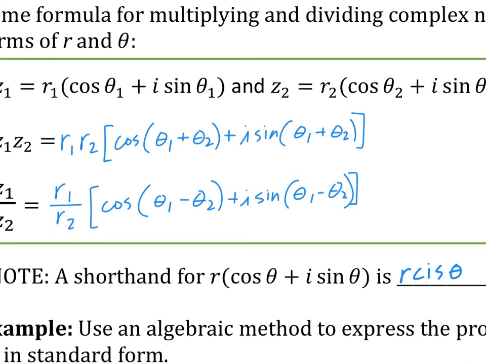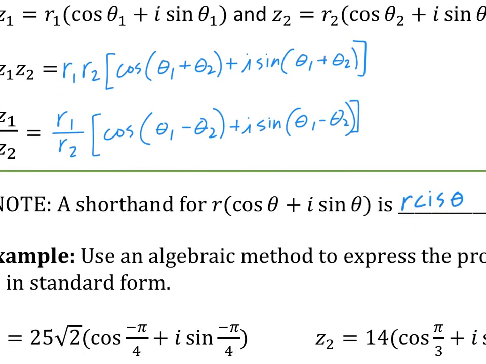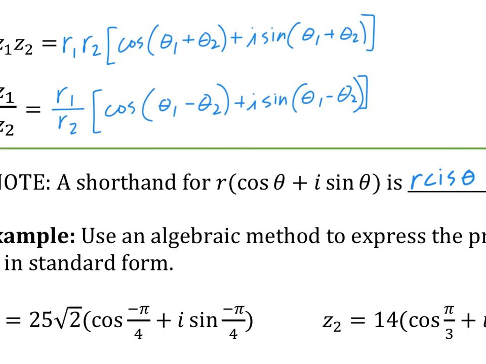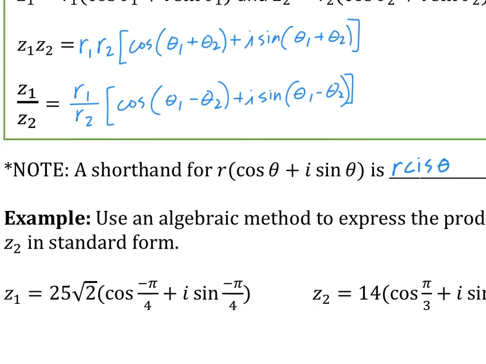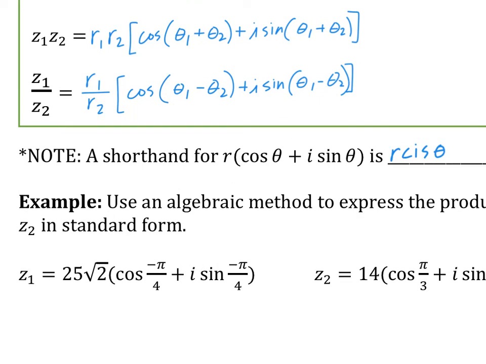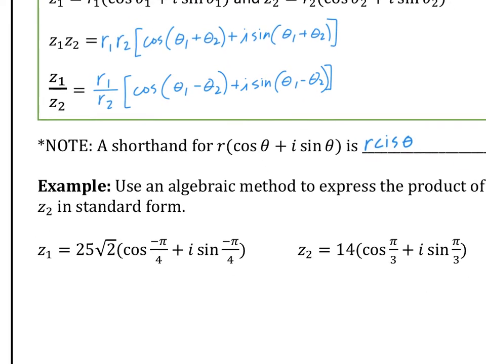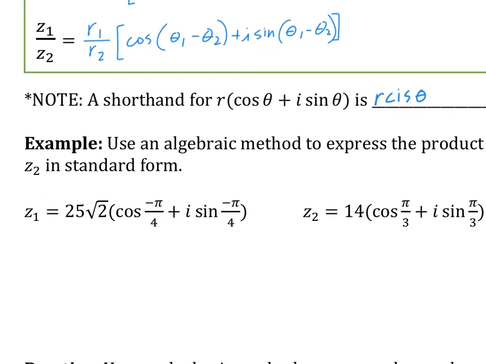Okay, so now we're just going to learn how to apply the formulas. Use the algebraic formula to express the product of z1 and z2 in standard form. Standard form. So they don't want this in trigonometric form, they want this in standard form. However, they give us the complex numbers in trigonometric form. So we're going to find the product. The product is z1 times z2.